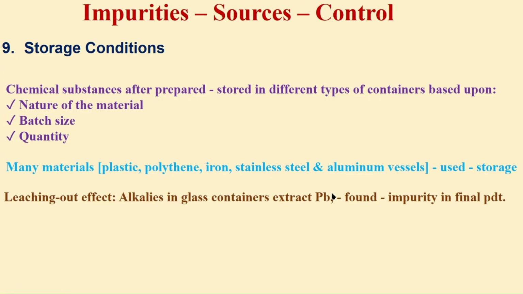When we store this product in different types of vessels, the leaching out effect can occur. The alkalis in the glass container can extract the lead into the product, and this lead can be a source of impurity in the final product.